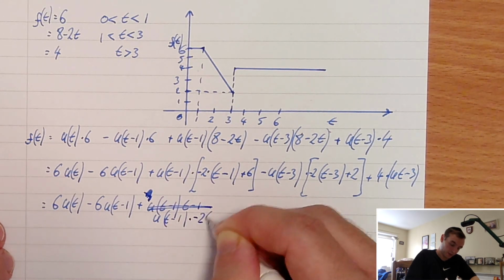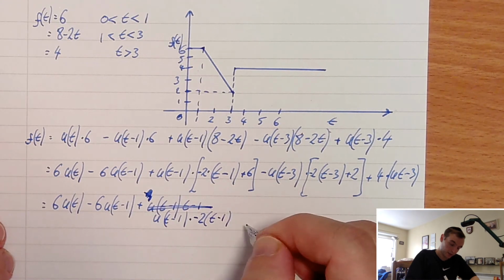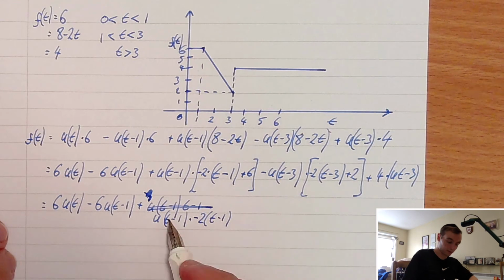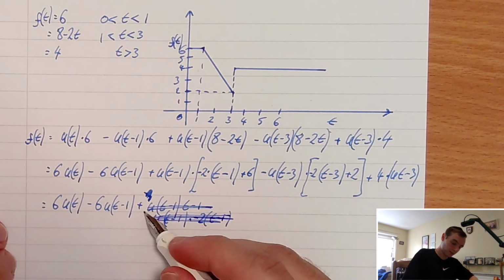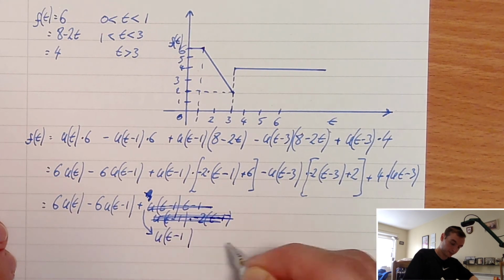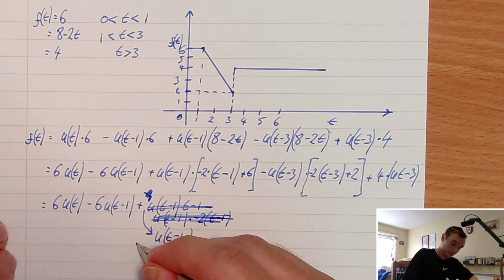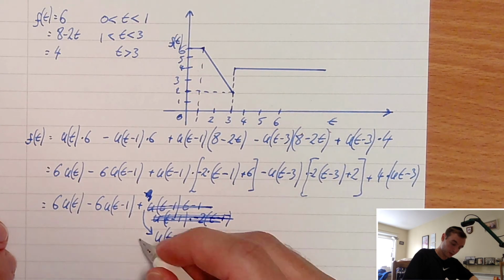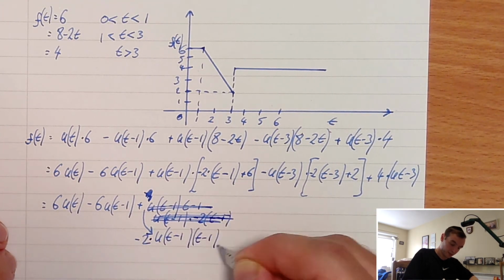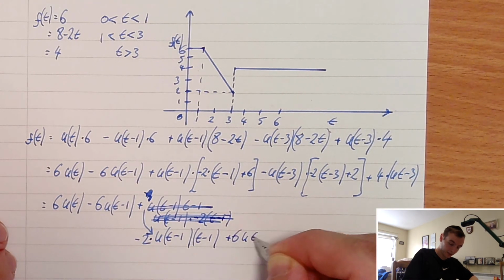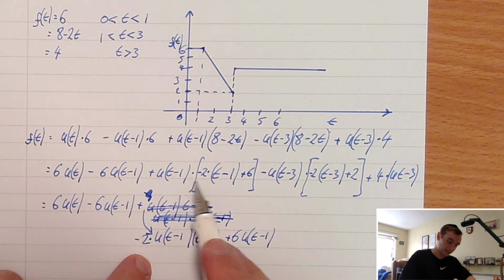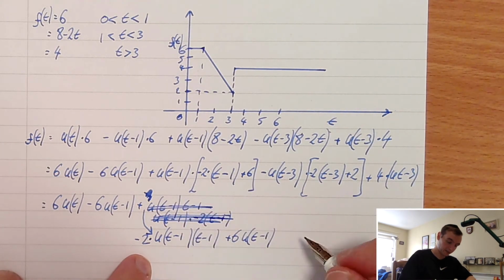I'm going to do minus 2 times u(t minus 1), I was right the first time, t minus 1, plus 6u(t minus 1). That's right. Yeah, minus 2u(t minus 1) times (t minus 1) plus 6u(t minus 1).